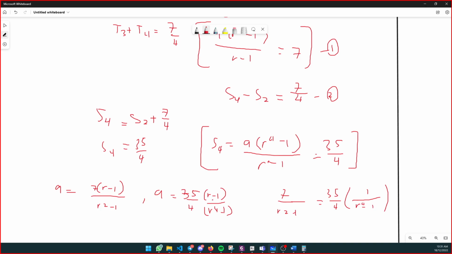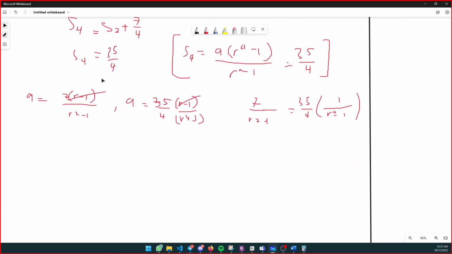Why do I minus this side? Because both are the same, right? So I just cancel these two out. 7 and 35, I can also make it easy, I can take away.